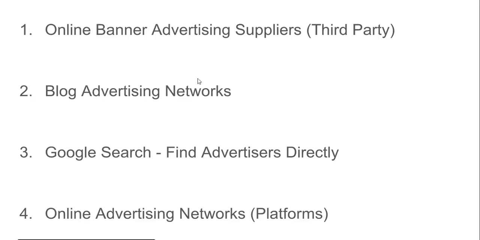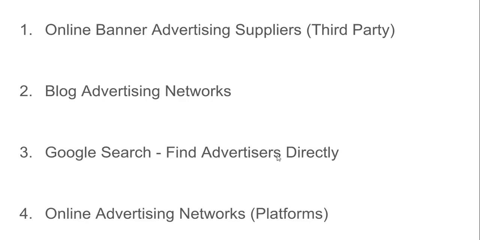The second way is blog advertising networks. These are third party networks where you can register your blog and find banner advertising for your website. The third way is Google search. In this way you find the advertisers directly.